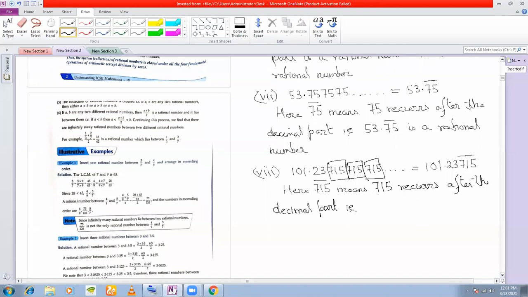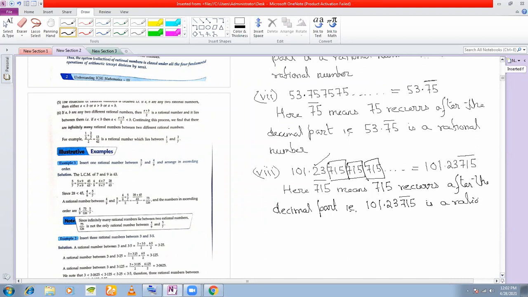Once you see that a decimal number has a recurring part, even if 2 3 does not recur, you can say that this number 101.23715 is a rational number.